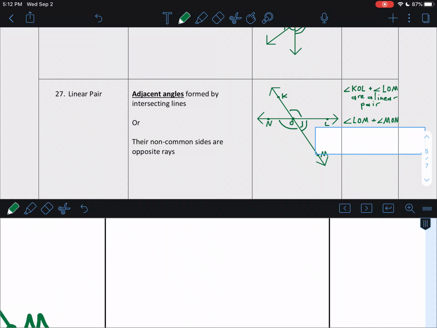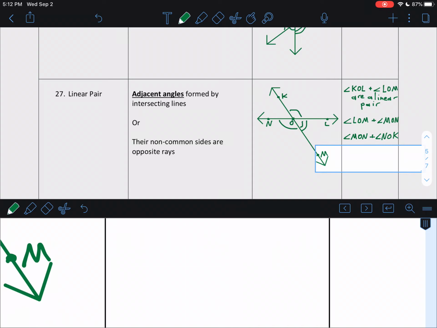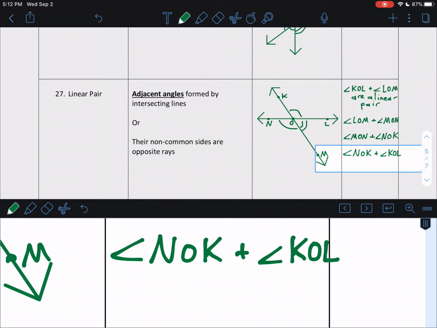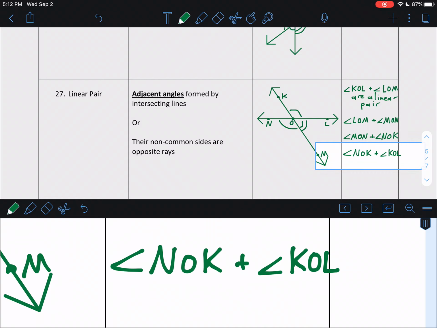They're also a linear pair. I can also say the exact same thing about MON and angle NOK. And I can also say the exact same thing about angle NOK and angle KOL. These four sets all form linear pairs with one another because they're all next to each other.